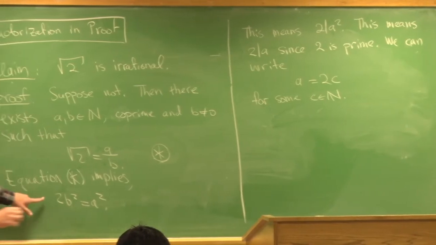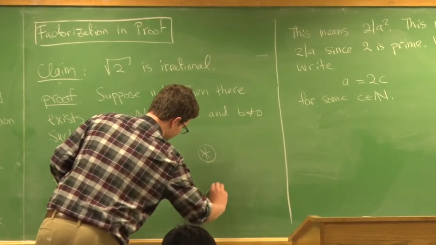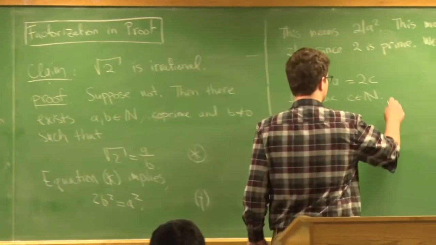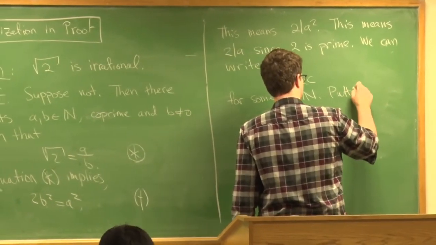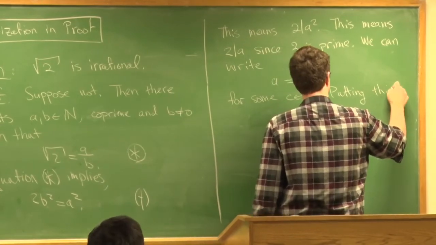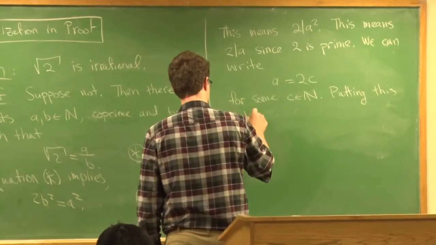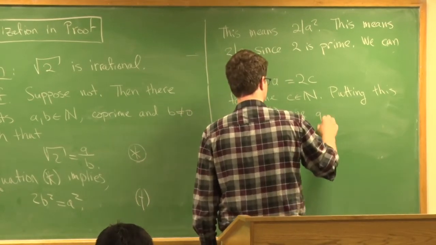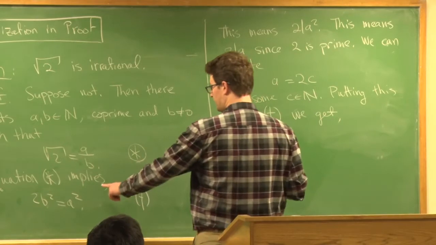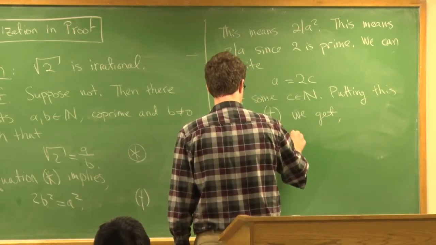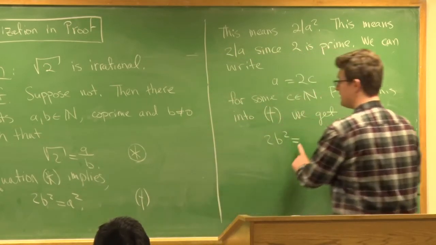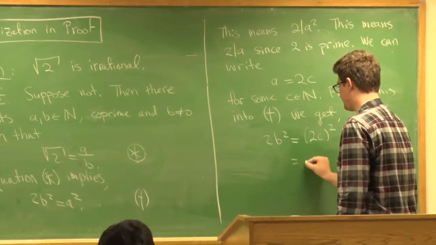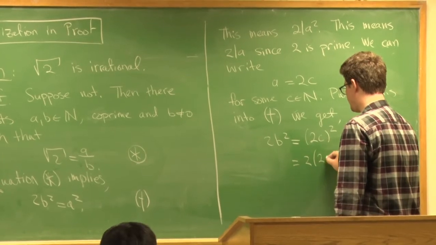Okay, putting this back into, let's label this equation, we'll call that dagger. Putting this into dagger, we get 2b squared is equal to 2c squared, and this is equal to 2 times 2c squared.